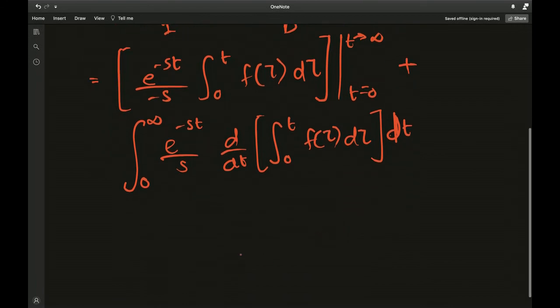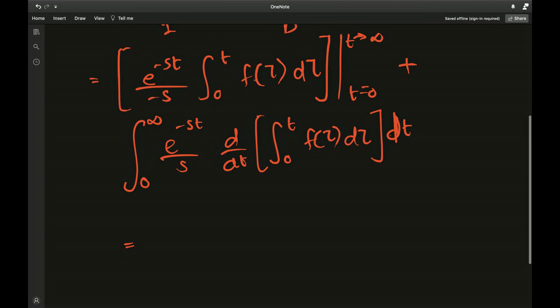Okay, so when t is infinity, the first term has e to the negative infinity, and e to the negative x decays like crazy as t goes to infinity.